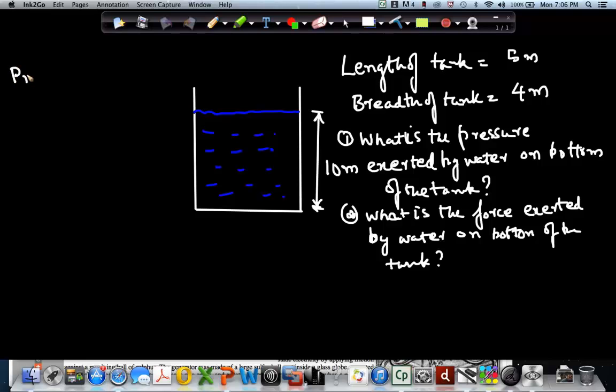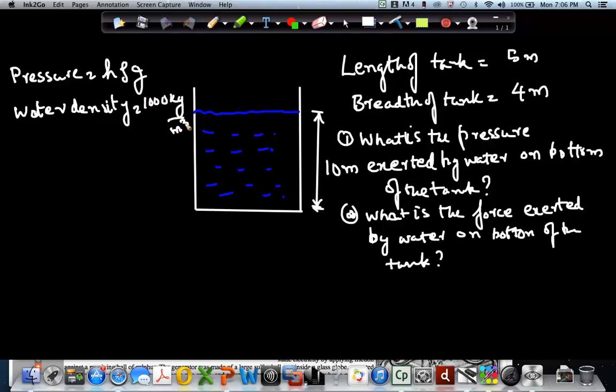The pressure is equal to H rho G, where H is the vertical height, rho is the density, and G is the acceleration due to gravity, right? Now in the case of water, density, remember I showed you a table of the densities of various liquids and solids, and in that you would have remembered the density of water is 1000 kg per meter cube, right?